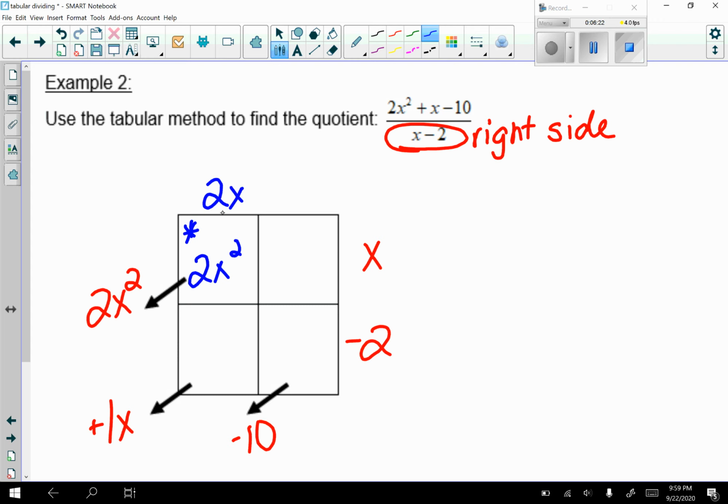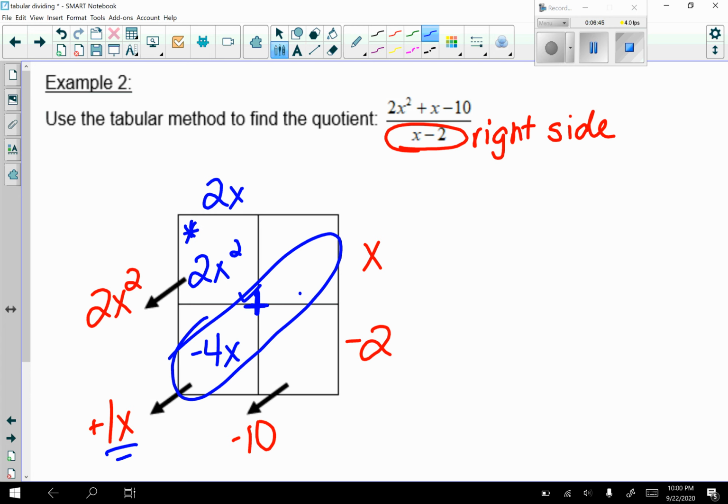Once you get a top piece, you multiply. 2x times x is 2x squared. 2x times negative 2 is a negative 4x. This diagonal has to add to give me a positive 1. So what plus negative 4, or what minus 4, gives me a 1?